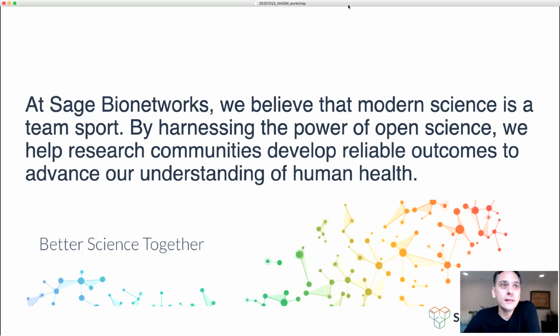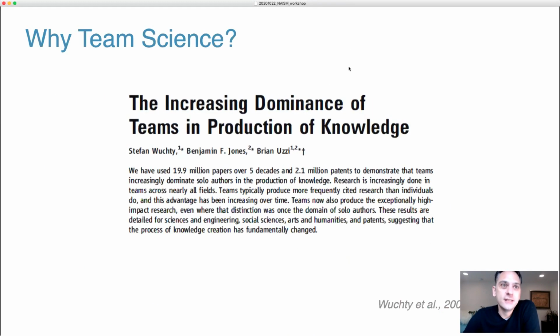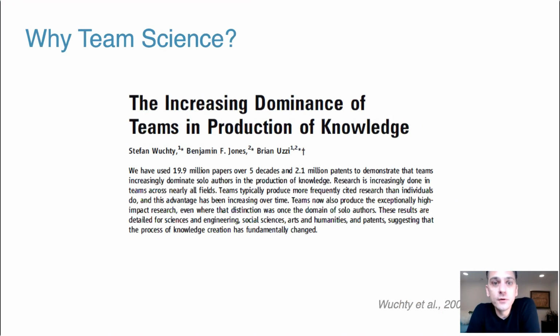And really it comes down to is that things have changed in the field of biomedical research. And what we've seen, and this is actually an old article from 2007, that we're seeing a dominance of team production of knowledge. And it's important to note that actually biology is kind of behind in this. This was something that was led by some of the other hard sciences.